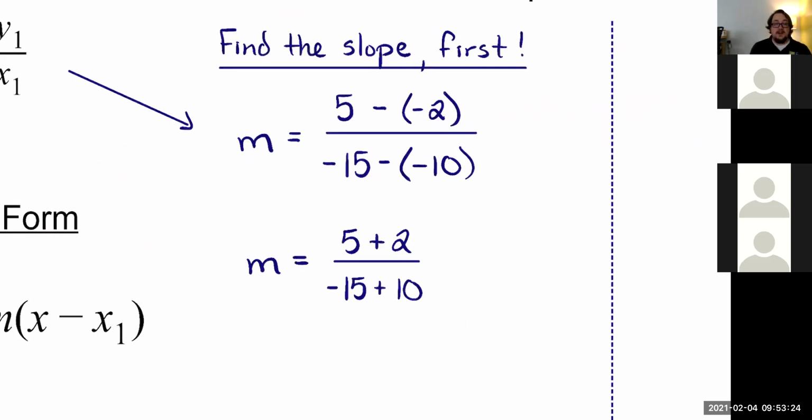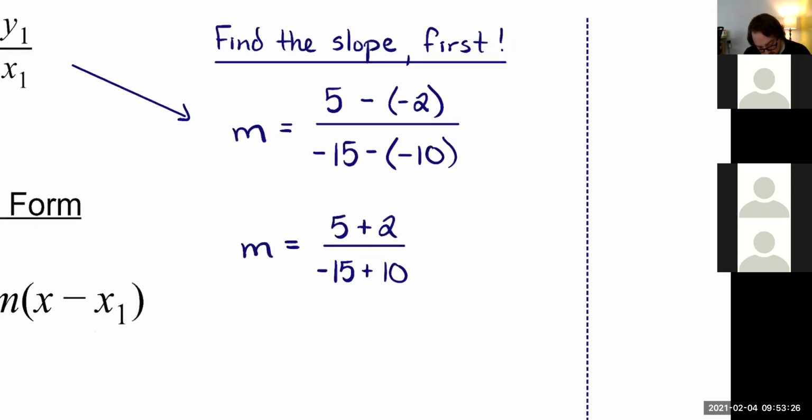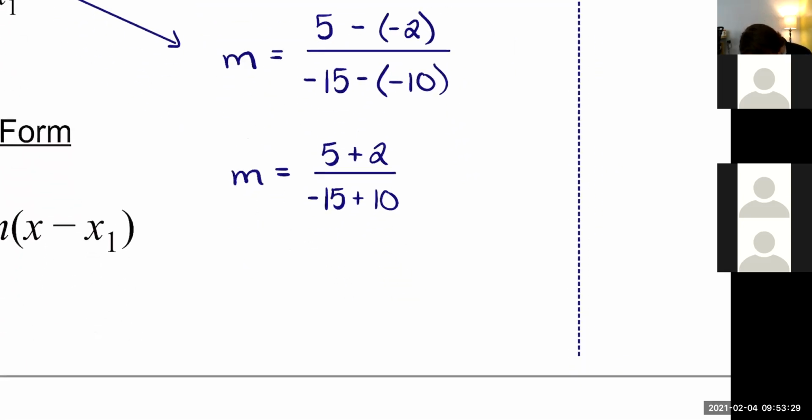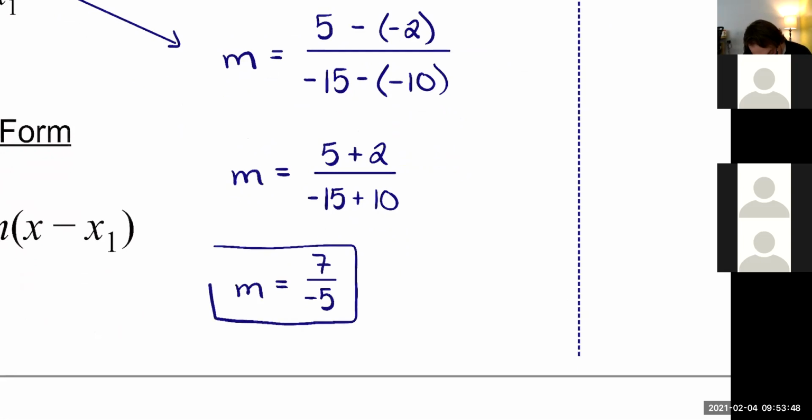And then I can grab my calculator if I need to, or I can crunch these numbers real quick. On top, I'm going to have 5 plus 2, which is 7. -15 plus 10 is going to give me a -5. So I find a slope of -7/5.